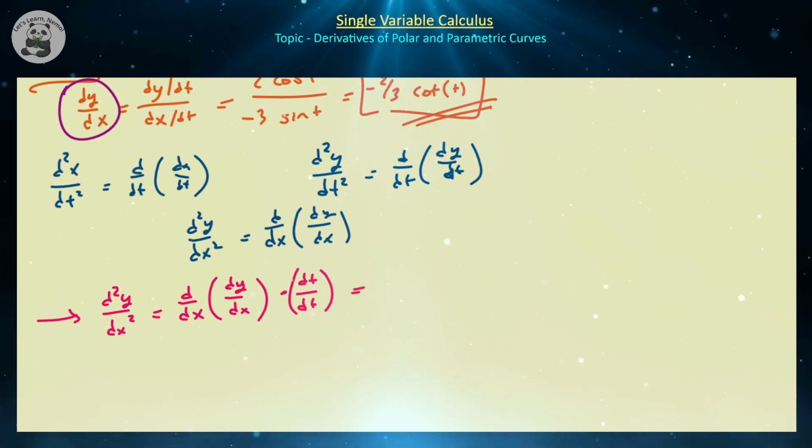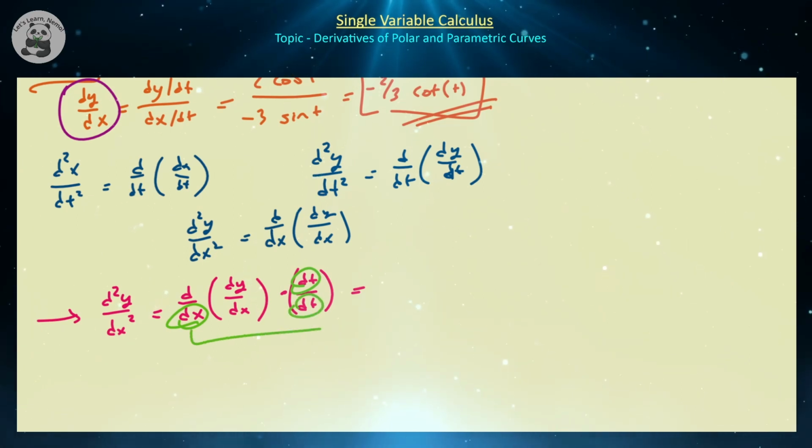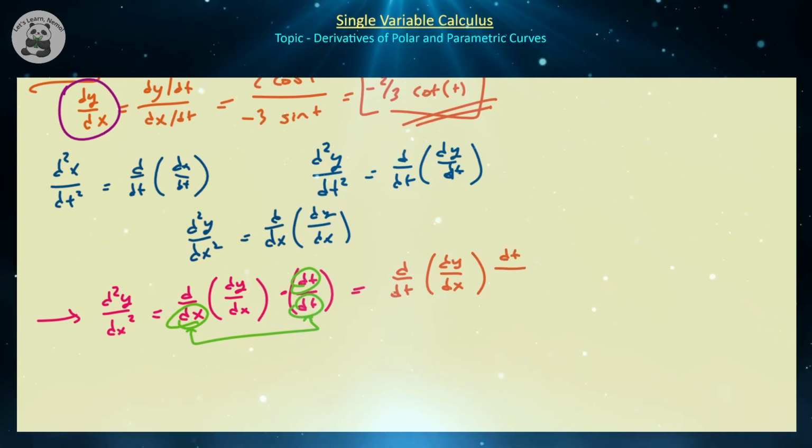So what we can do is take that differential, because dx is just a number just as much as dt is, and we can switch these dt's on the bottom with that dx. So what we're going to have is d/dt of dy/dx and dt/dx, because they've just swapped positions.